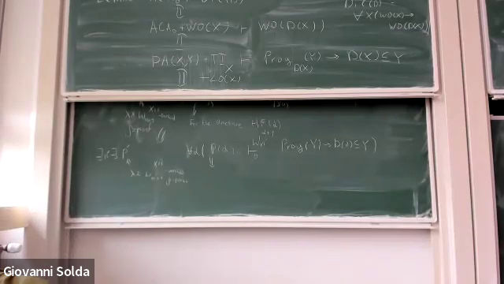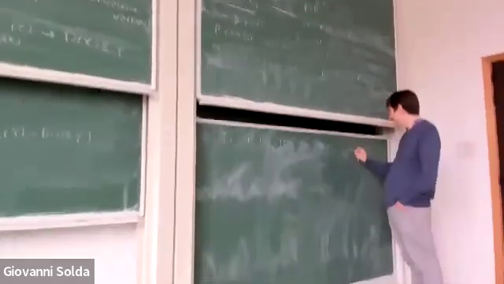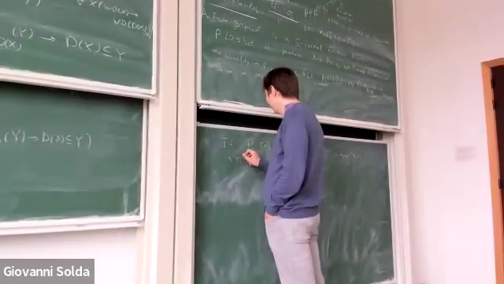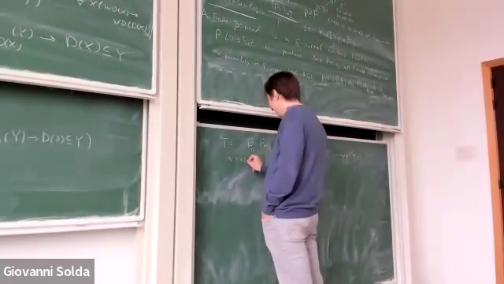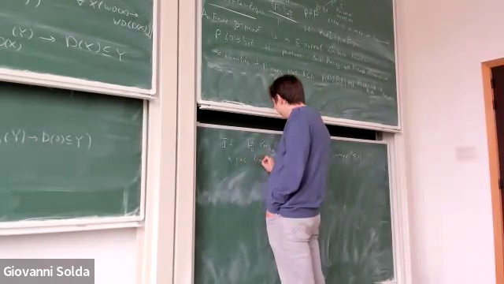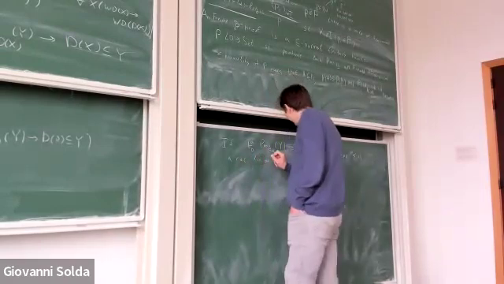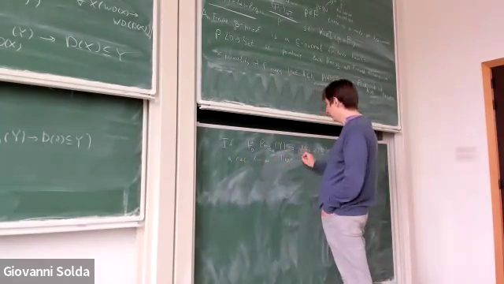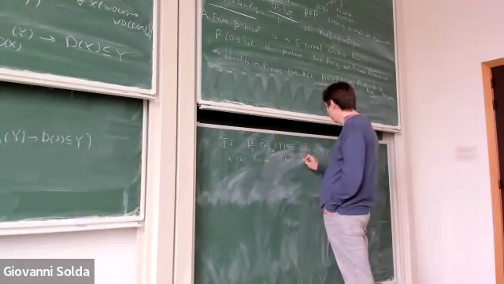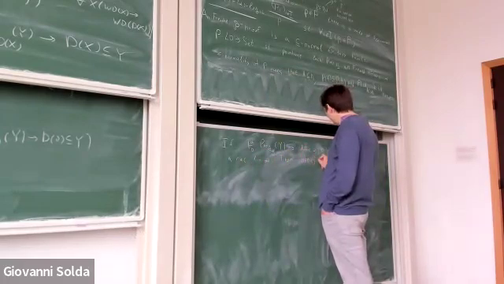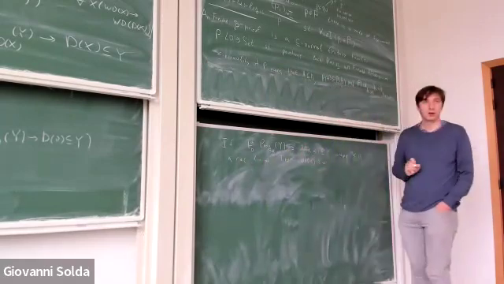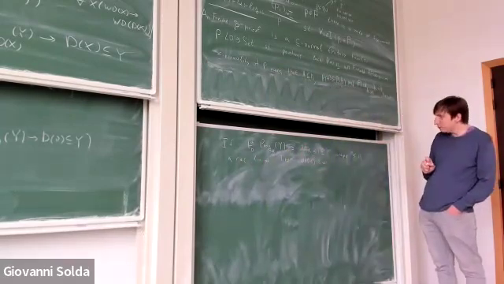Can you move the camera? Oh, sorry. Okay, if less than is a recursive linear order, then the order type of less than is bounded by this.